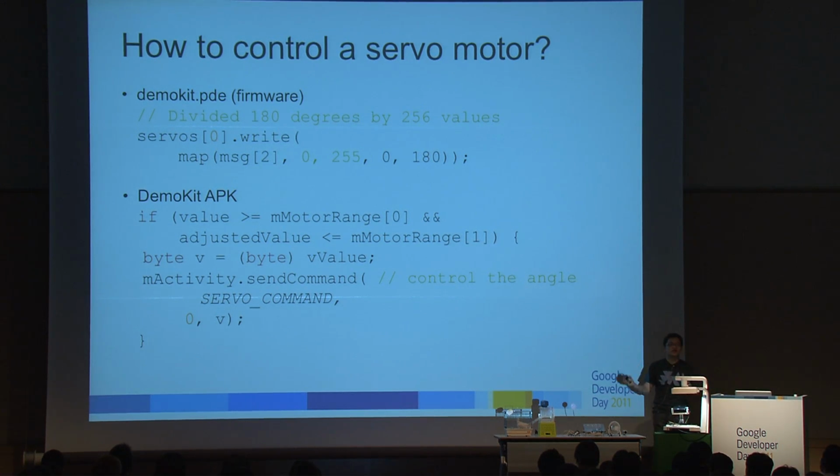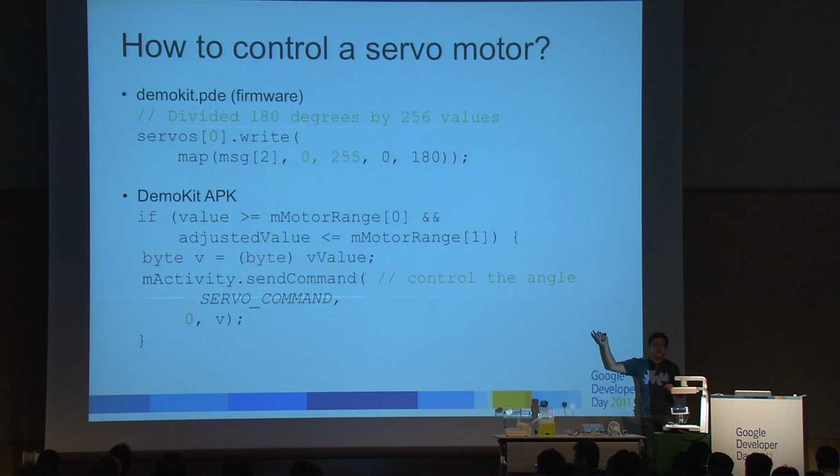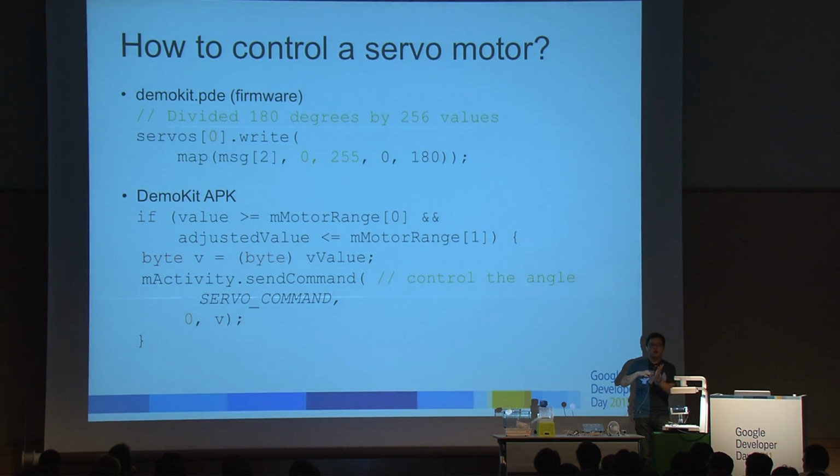If I provide a value 0 to the hardware, that will map to putting the angle of the motor to 0 degree. And if I give the 255 value, it will map to 180 degree. It's as simple as that.